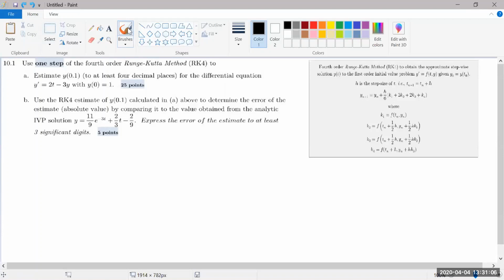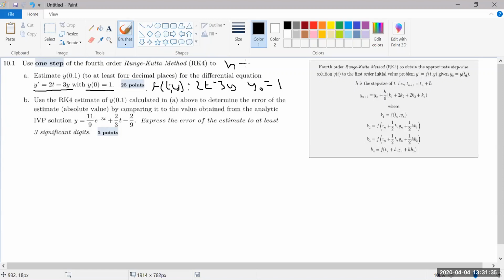Okay, so using the Runge-Kutta method, looking at this, first we need to assign our variables. So we know here that our f of t comma y equals 2t minus 3y. So it's just whatever this function over here is going to be. And we know that our y naught equals 1.